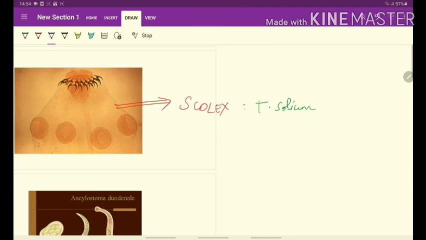Here the rostellum along with the 2 rows of hooklets can be clearly visualized. Rostellum with 2 rows of hooklets.